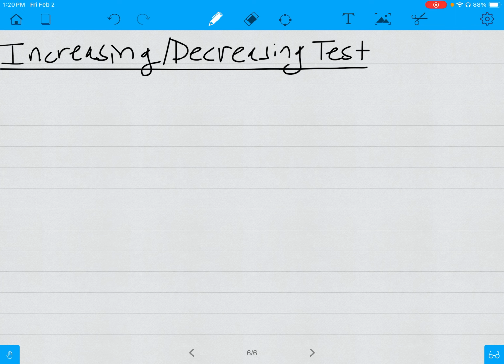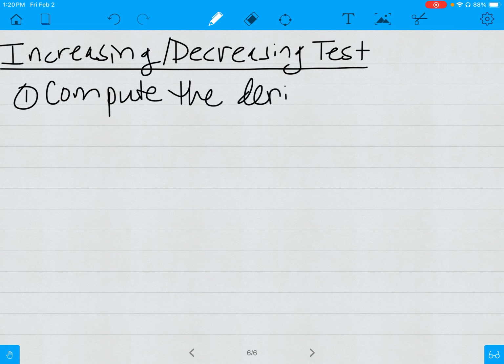So, the increasing and decreasing test. The first step is to compute the derivative f prime. Okay, so that's our step one.